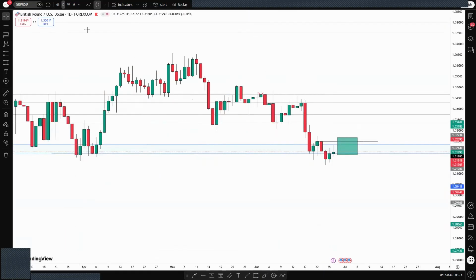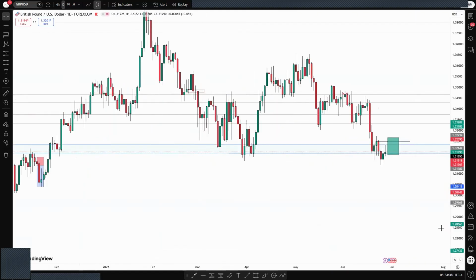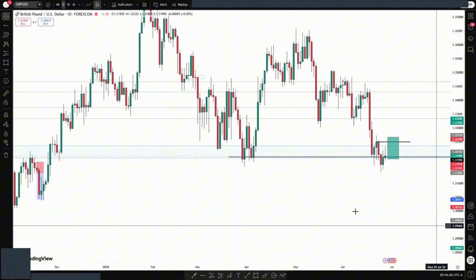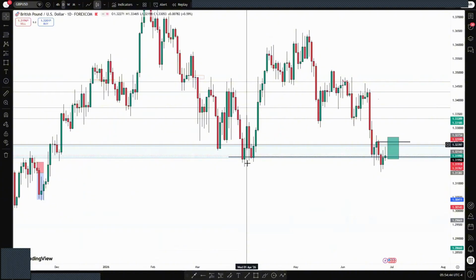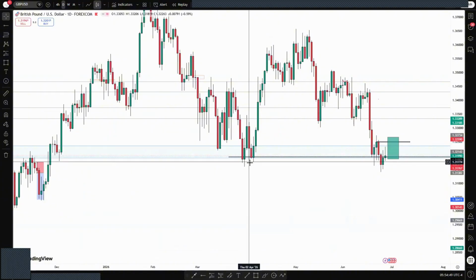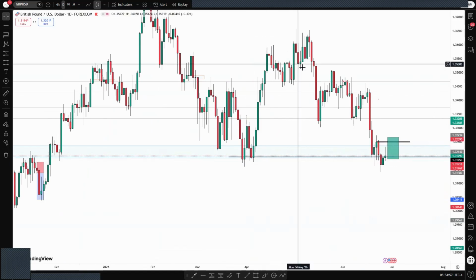Daily time frame, you can also see that price has been bearish throughout the time we were bullish on the weekly time frame. You see, price has been bearish once it took out this level.